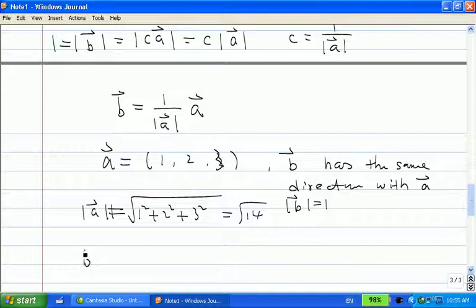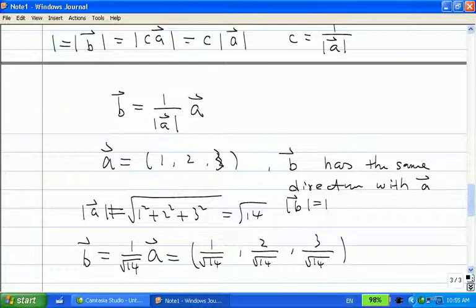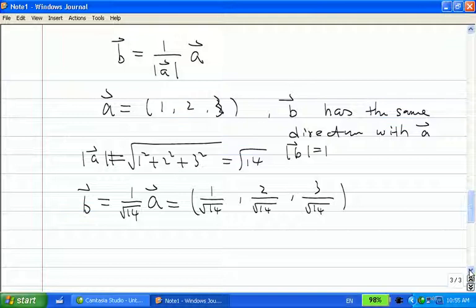Therefore, your B, using that formula, will be 1 over the magnitude of A, which is 1 over the square root of 14, times A. A scalar times the vector means the scalar times each component: times 1, then times 2, then times 3. As I showed you before, a scalar times the vector will not change direction. However, you can find the magnitude of B, and you are going to see that it is 1.